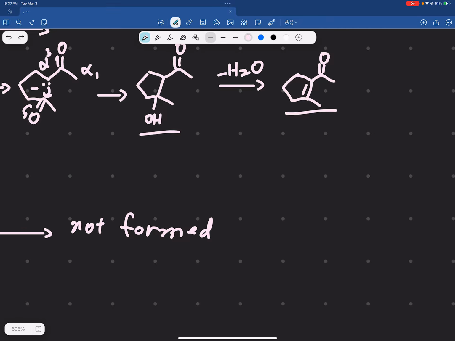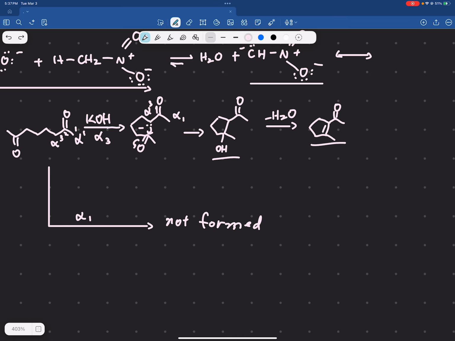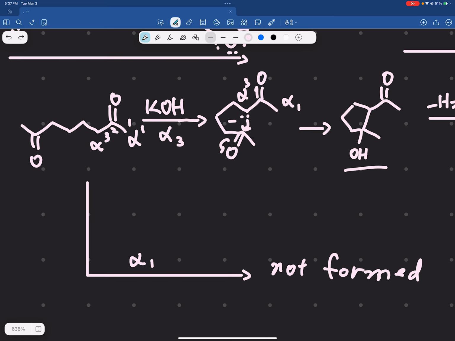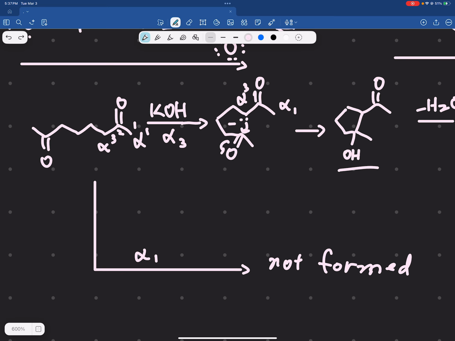So whenever you see an intramolecular aldol reaction like this, most of the time it's going to occur at carbon 3 here and form a 5-membered ring instead of a 7-membered ring. 2, 3, 4, 5, 6, 7, yeah.